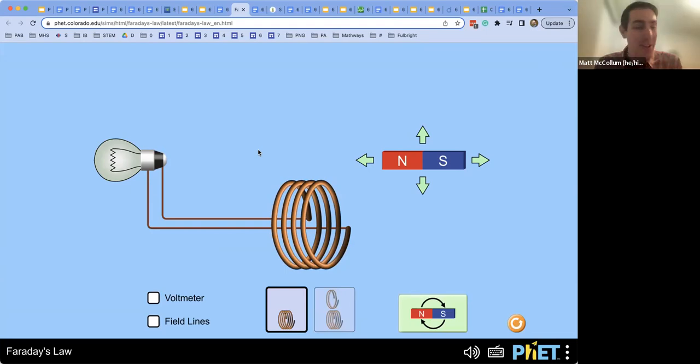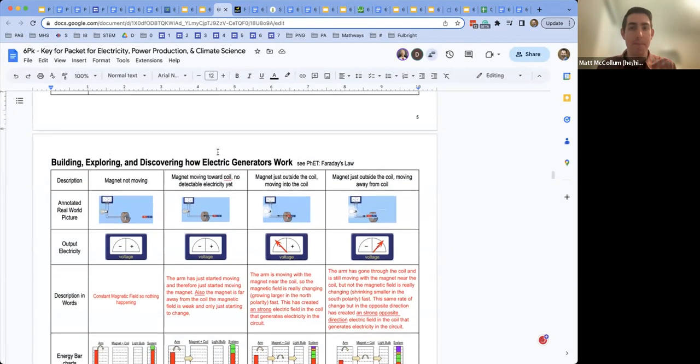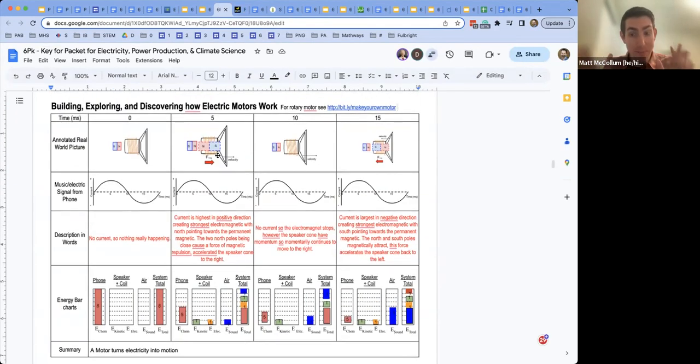Yeah. Let me just say one thing about speakers. When students make these speakers, it's like magic. If you can't do anything else, they are just blown away. All it takes is a neodymium magnet, a really strong magnet, and a coil of wire that's taped to a cup, and you can hook this up to a headphone jack.